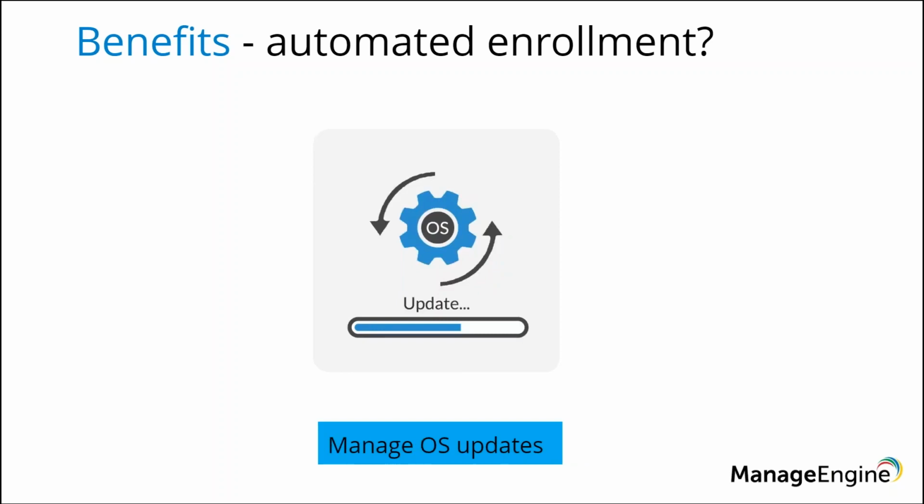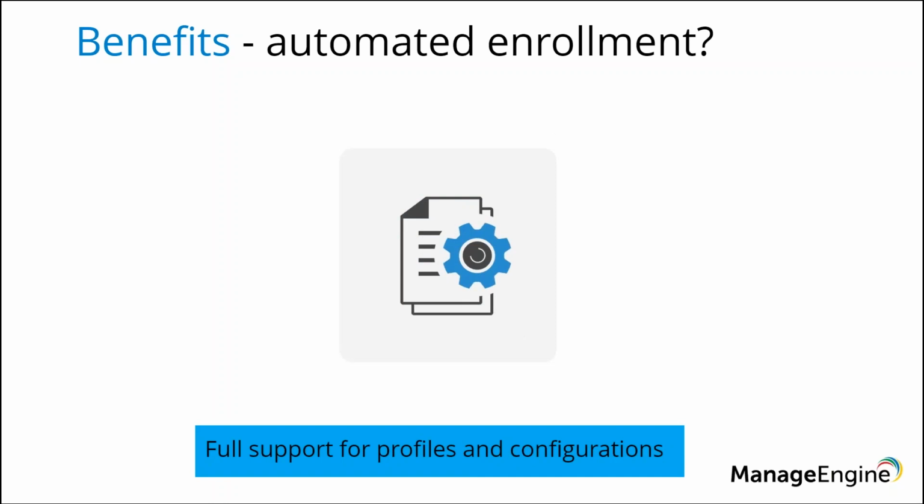We can also manage OS updates on your devices as well. This is crucial in the case wherein you have certain enterprise applications which would not work well in a particular OS. And one other pretty important option would be full support of our profiles and configurations. So any profiles or any configurations that we have out there can be completely supported in your corporate devices.